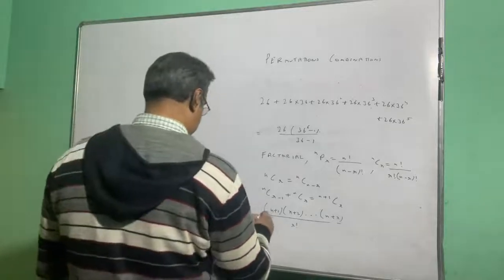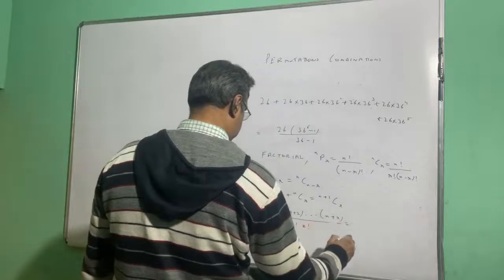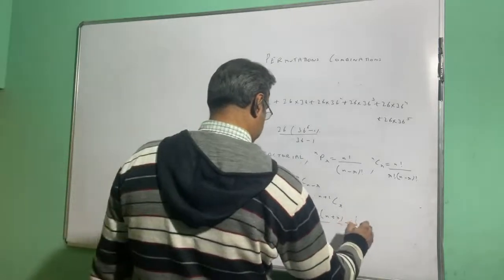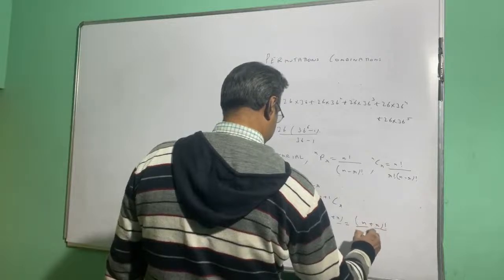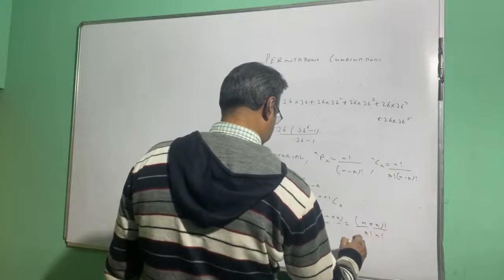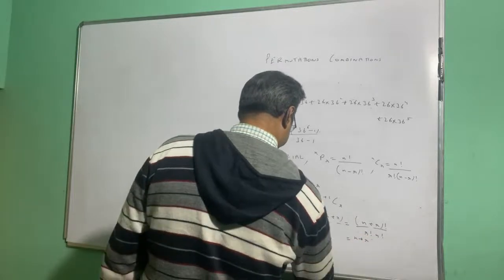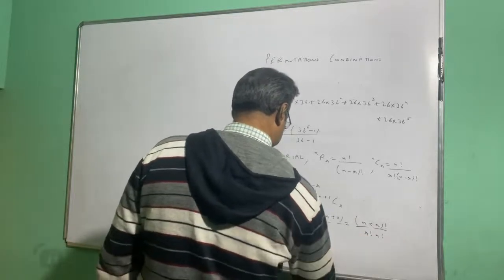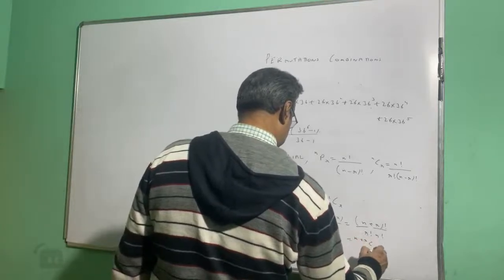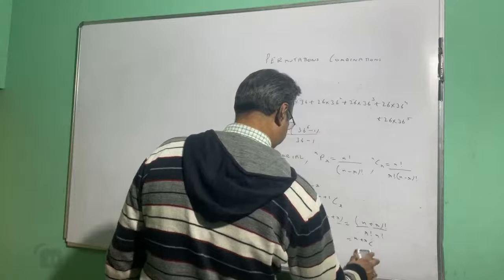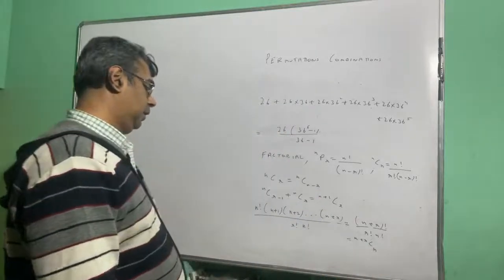So the reason is that if you multiply above and below with n factorial, this will become n plus r factorial by r factorial into n factorial, and that is n plus r Cn.